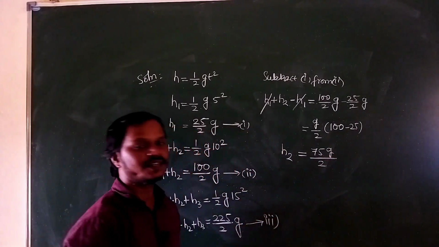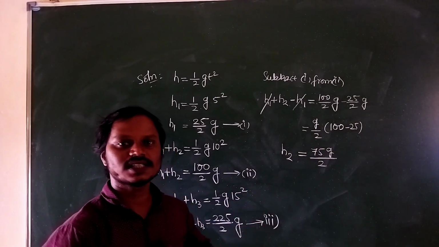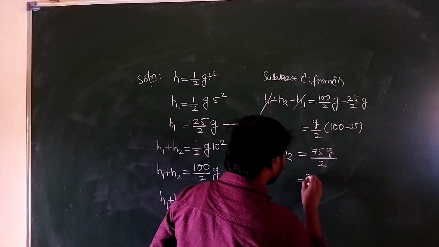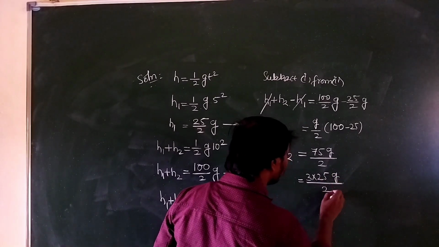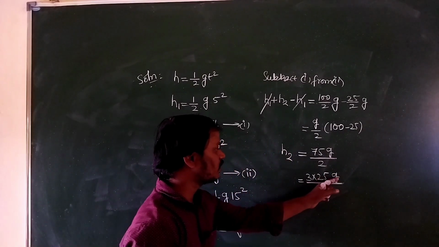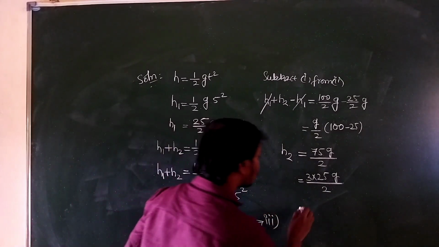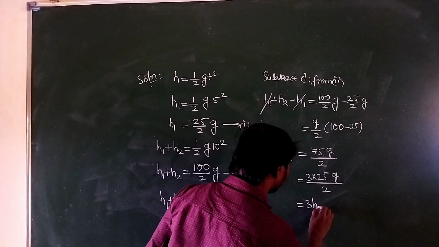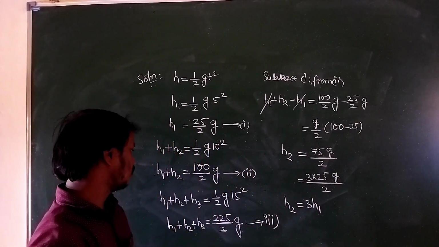Now 75 can be written as 3 into 25, because 3 25s are 75. So 3 into 25 into g divided by 2. Then what is 25 g by 2? That is h1 from equation 1. So this can be written as 3h1. h2 is 3h1. Now next one.